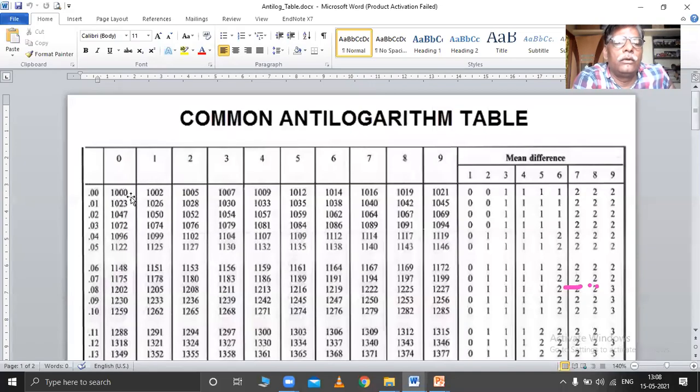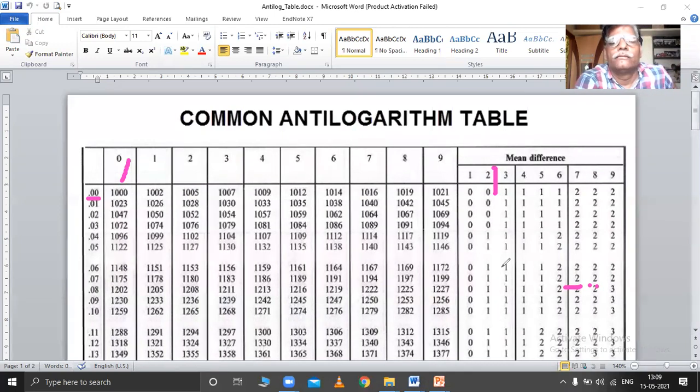In the anti-log table, 0 first. Again 0 column. This is the 0.00. This is the 0 column. Then 2. In the 2 column, what is the value? 0. Then tell me the number.